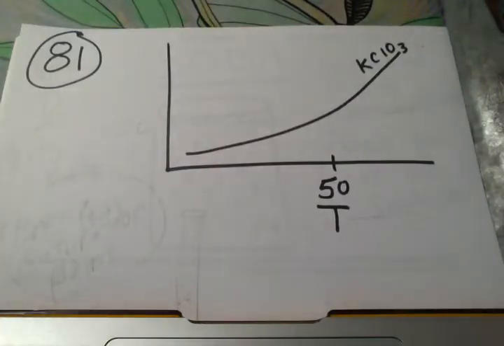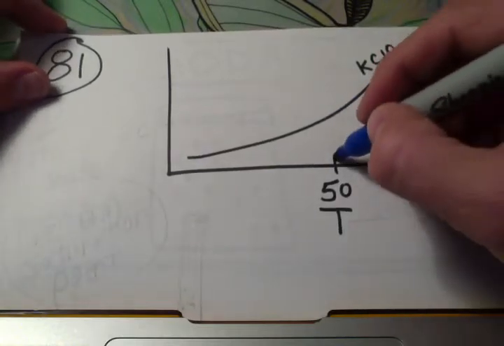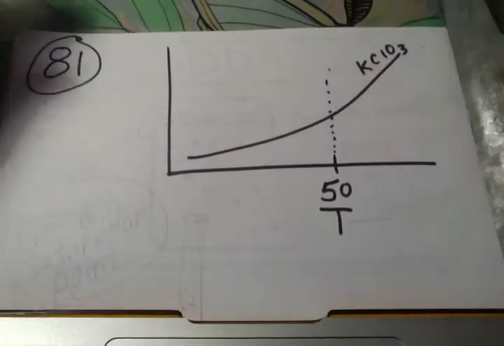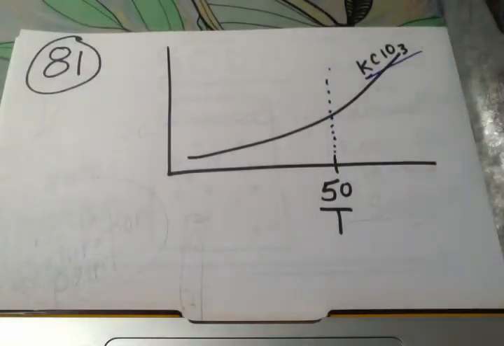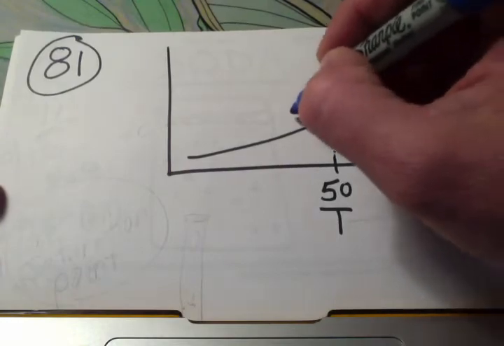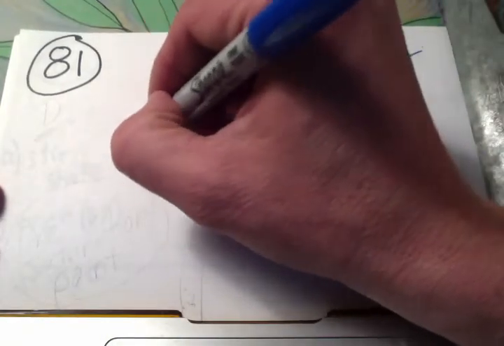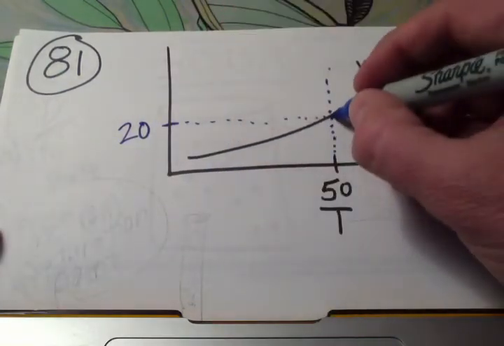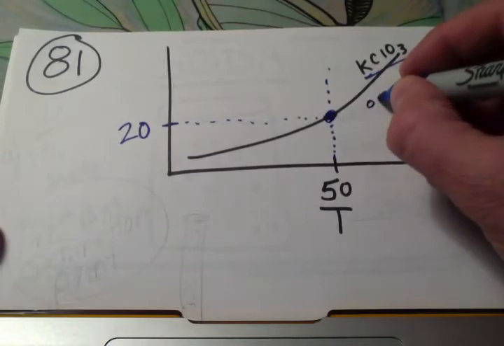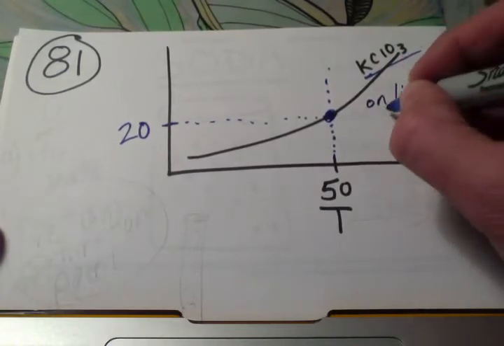What are they doing on 81? I forget. They call my attention to 50 degrees Celsius, so I find that. They call my attention to potassium chlorate, so I look for that. And they say if you have 20 grams, well, what a coincidence. If I have 20, that's the saturate, it's saturated. So remember, on the line, if you're on the line, that really means you've dumped it all.